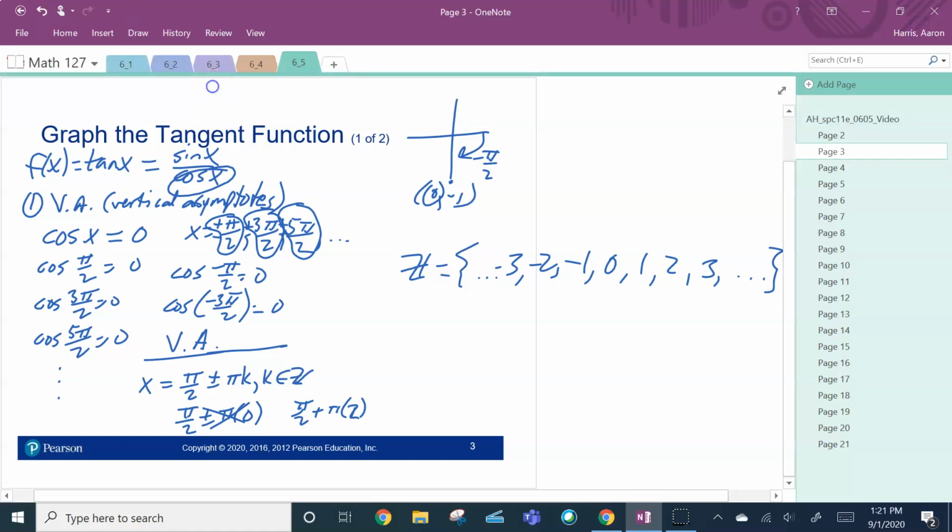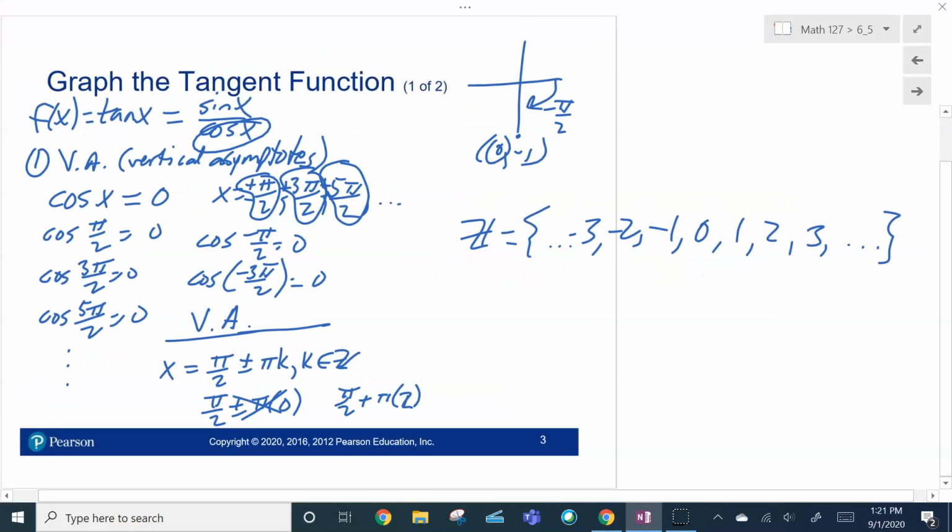Now if k is negative 1, we have pi halves plus pi times negative 1, so pi halves minus pi, which is negative pi halves. There's the negative pi halves. If k is negative 2, we get negative 3 pi halves, and so on.